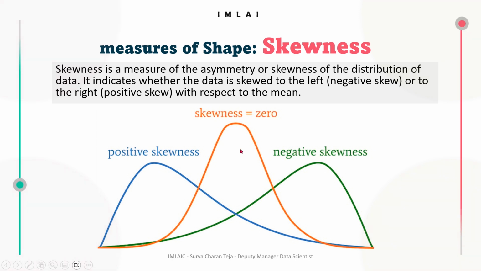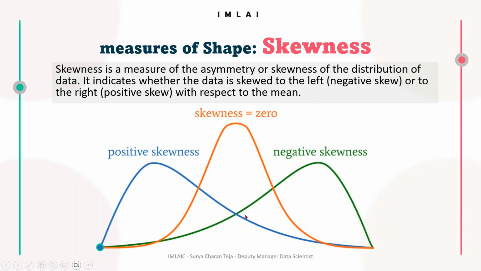Then we have the positive skew. We also call it right skewed, because the right portion, or the positive side of the plot, has been skewed.